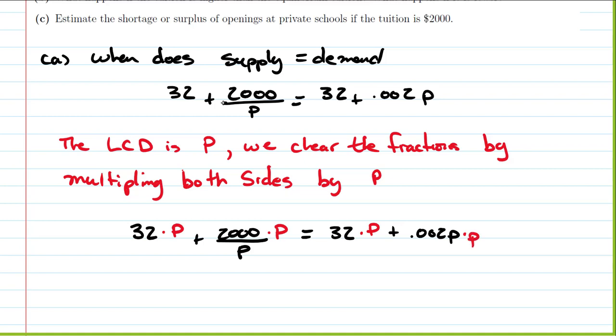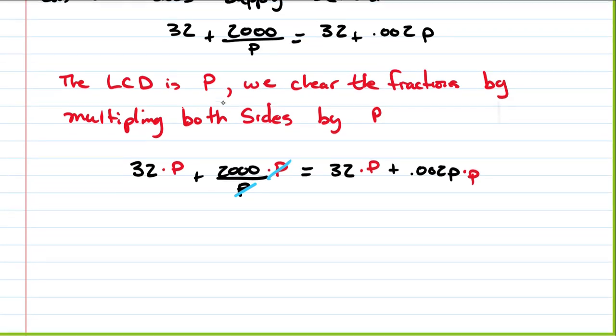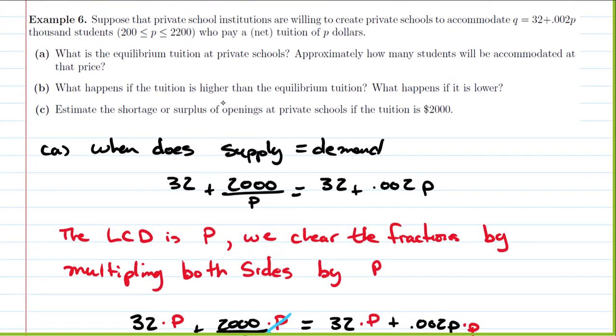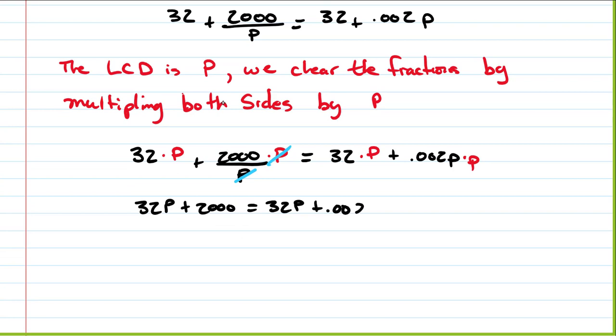And when we multiply by the least common denominator, the net effect is that all of our fractions should always reduce out. And we get 32p plus 2000 is equal to 32p plus 0.002, and then p times p is p squared. So now this equation is quadratic.